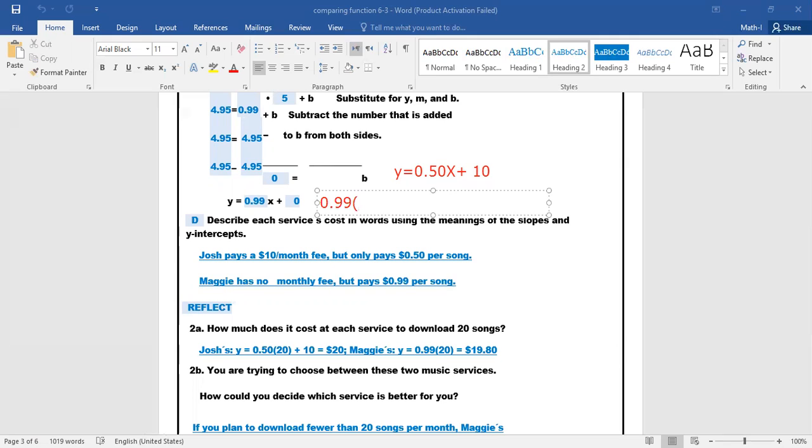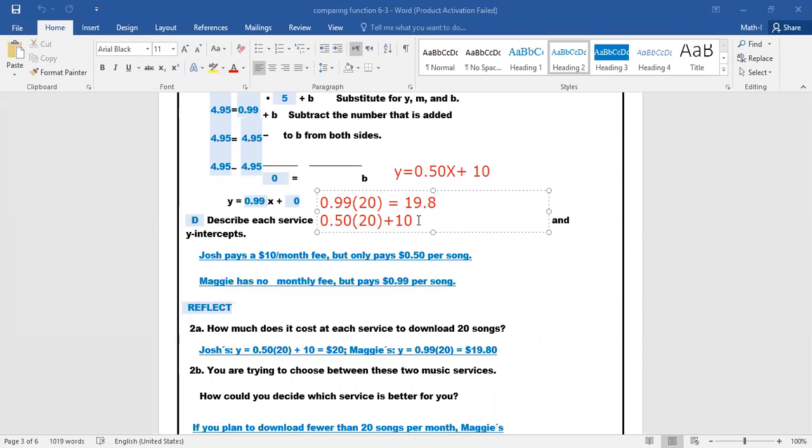She wants to download 20 songs, so we replace the value of X. For Maggie, 0.99 times 20 equals 19.8. Exactly.